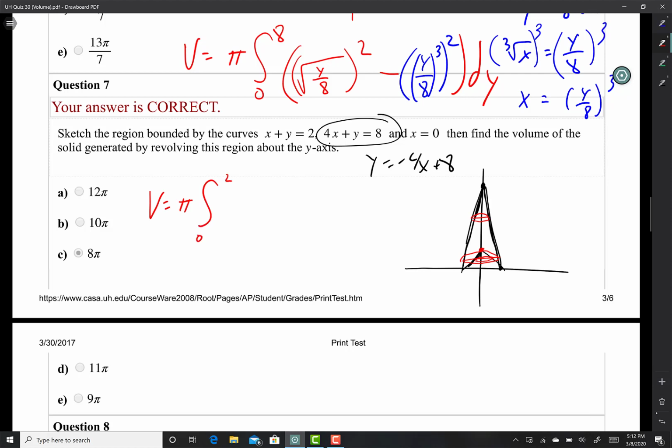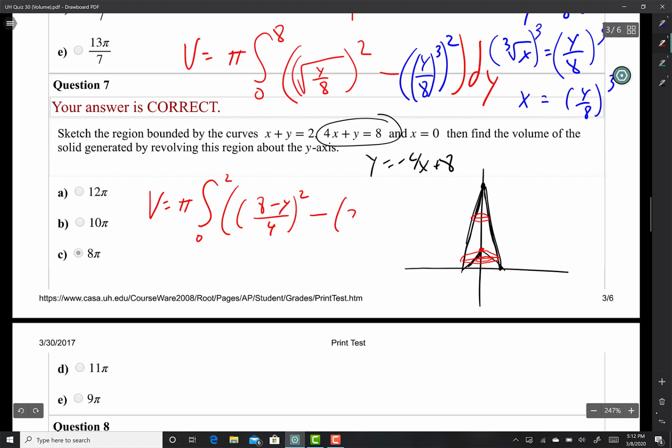And the outside curve there is this guy there. So we'll just make it easy. So giant parenthesis, smaller one, and then we're trying to solve for x. So it's going to be 8 minus y divided by 4. Close squared minus, and then it's this one here, solve for x.